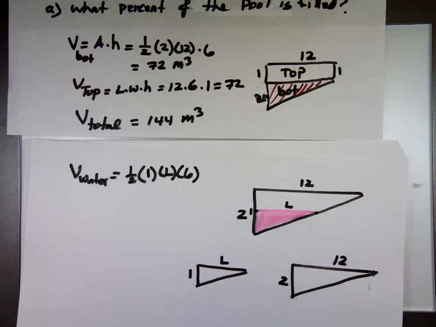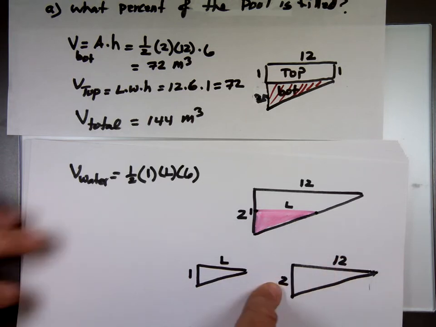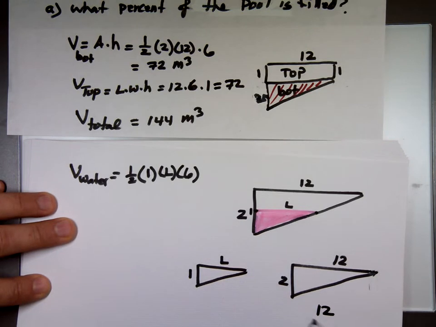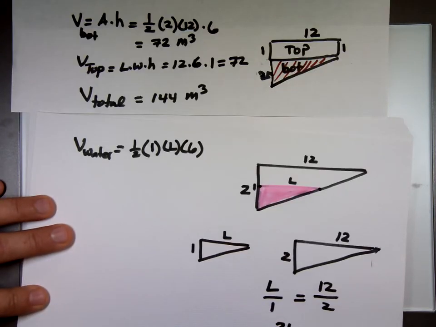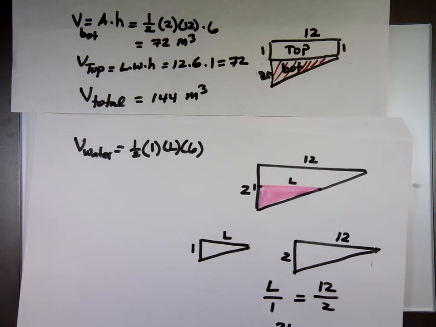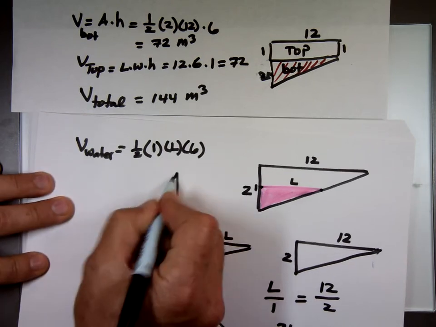Yep. The ratio of this side to this has to equal the ratio of this side to this. 2L equals 12. What is L equal to? 6.